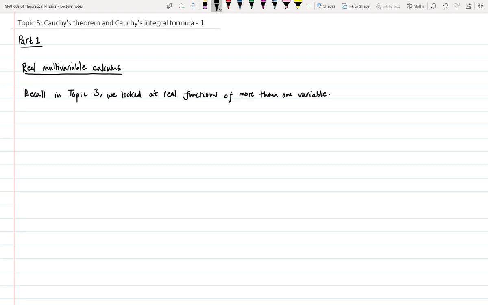And we defined such functions as doing something like this. You might have n real numbers as its input, and it returns a single real number as the output.